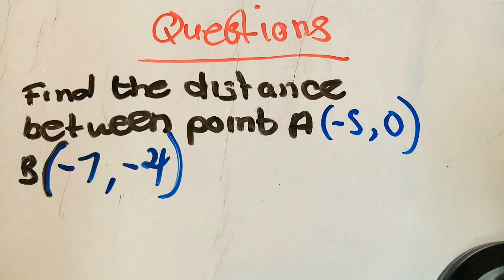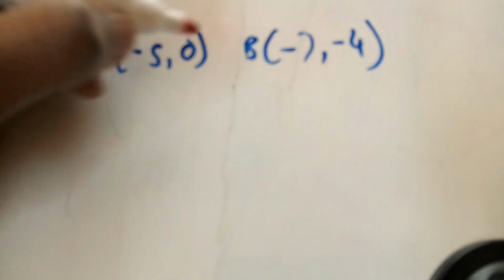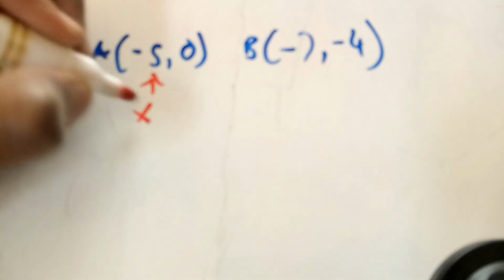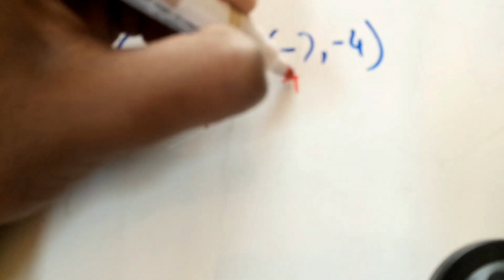You can pause the video, try answering it yourself to see if you've understood what I have taught you guys, or you can just simply go through it with me together. So let's answer it. We have A and B. So we know this one is our x1, this is y1, this is x2, and that will be y2.